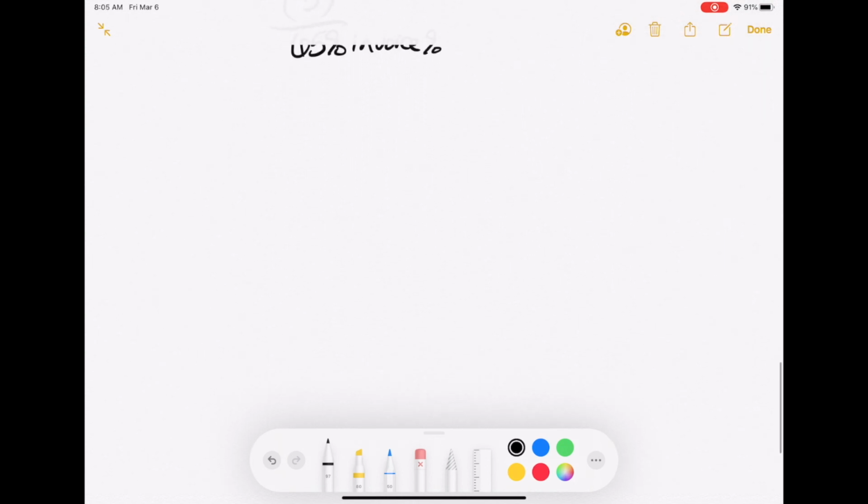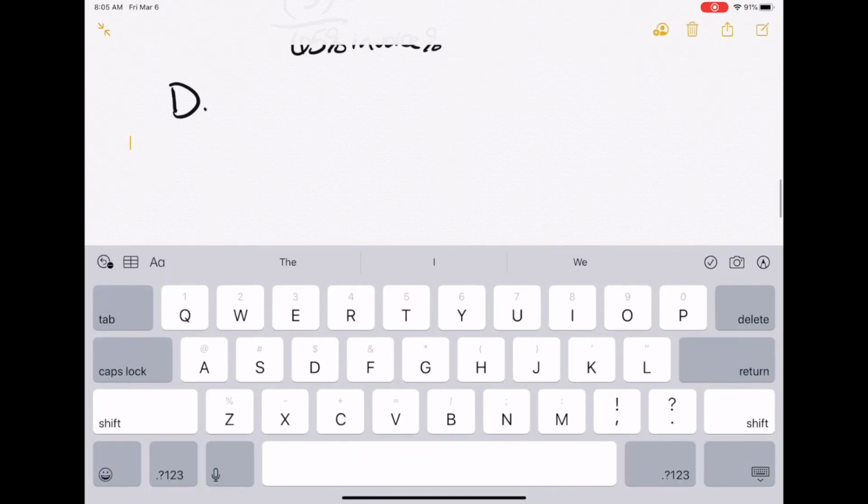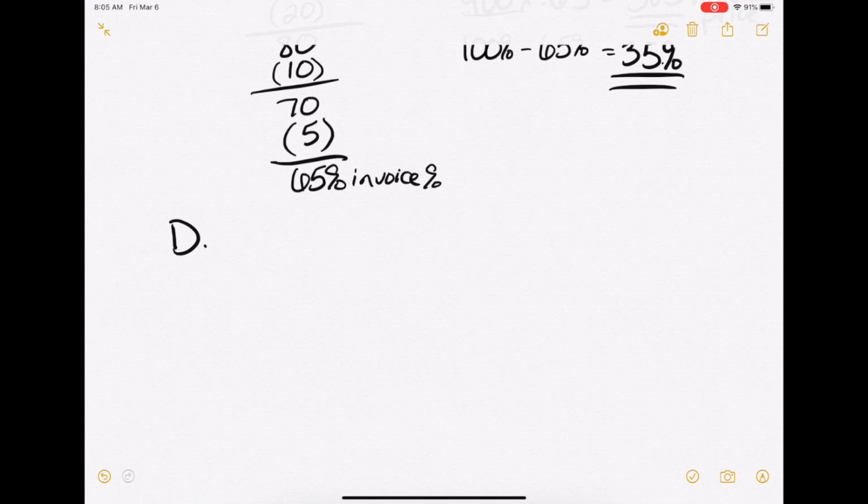Now let's go ahead and do D using the table method. So if we have a series of discounts of 35 and 5 and a list price of 34.16, we can come over to the table and we start with the largest amount of 30 and go down to 5 and 5, and that gives us a discount invoice percentage of 0.63175. So we can take that amount that's in the column and we can multiply it by the 34.16 that they give us in the problem.